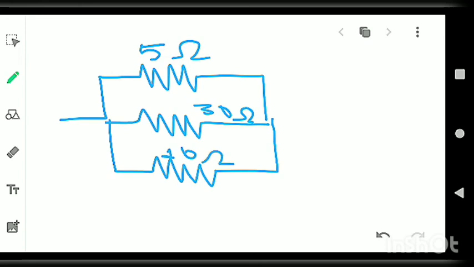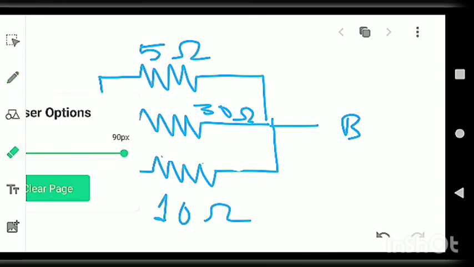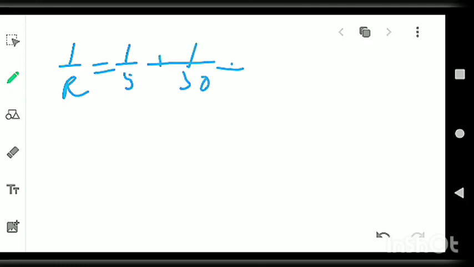As a final circuit, now it's child's play to calculate the resistance between them. So 5, 30 and 10, all 3 are in parallel to each other. So what should be their net value? Using the formula, 1 by R equals 1 by 5 plus 1 by 30 plus 1 by 10.